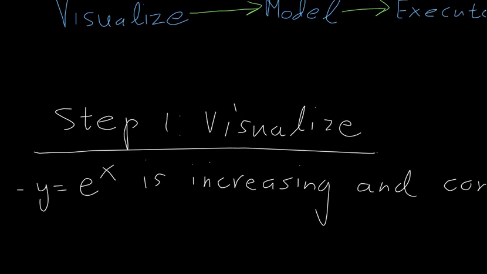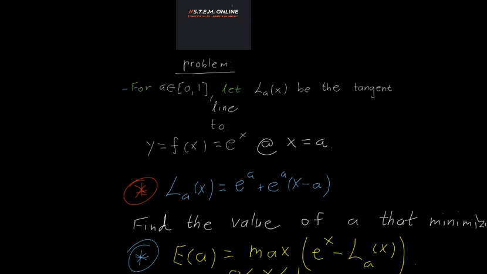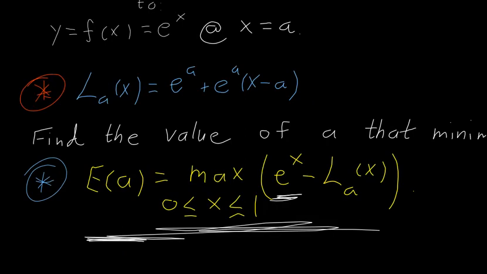Now I'm going to write here: compare e to the x to its tangent line, and that's what this equation is saying. This equation that I've underlined in white is comparing the difference between the actual curve, which is e to the x that we were looking at, e to the x minus the tangent line, L subscript a of x.